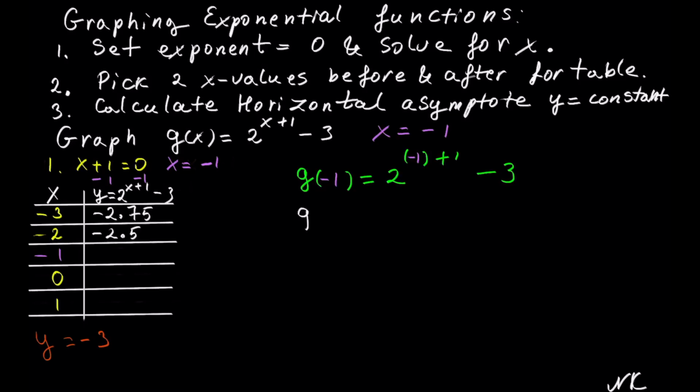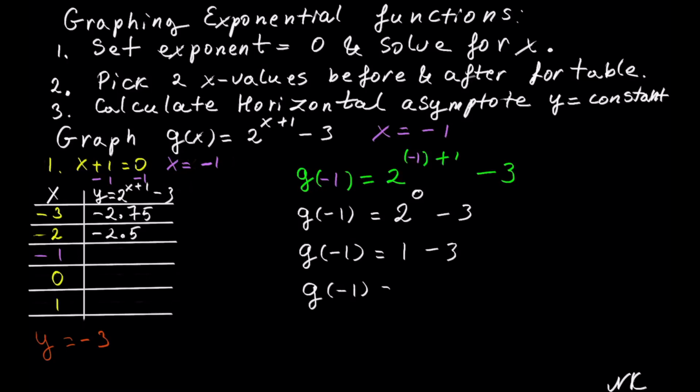So we get g of negative 1 is equal to 2 to the power of negative 1 plus 1, which is 0, minus 3. So g of negative 1 is equal to 2 to the 0, which is 1, minus 3. So g of negative 1 is equal to the difference between 1 and negative 3, which is negative 2. So when x is negative 1, g is negative 2.